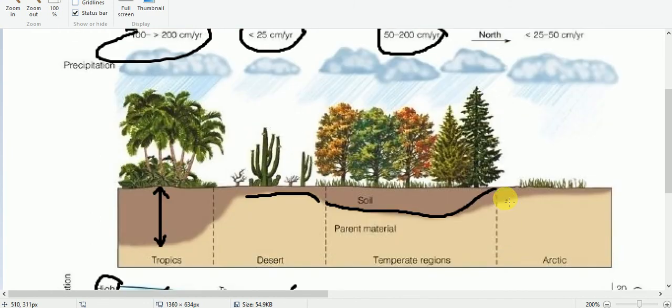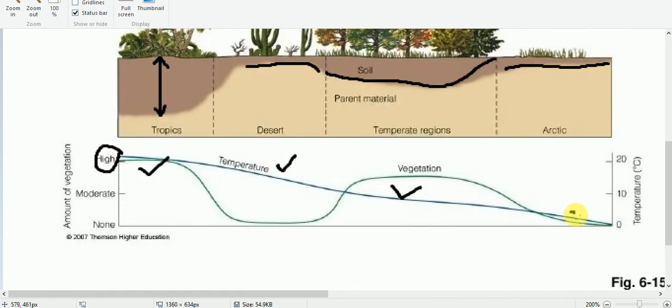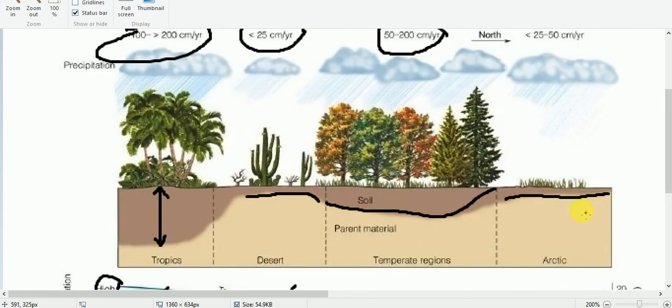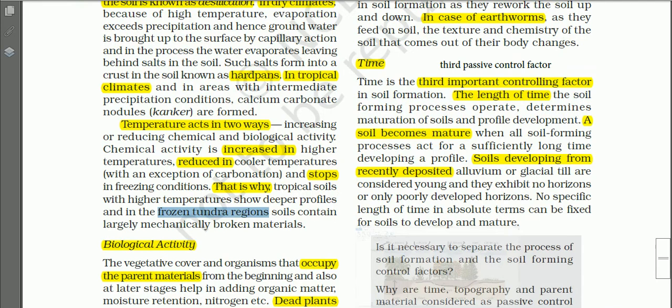And this is the tundra region. Here temperature is close to the freezing point, 0, and that is why the soil profile is very thin. So in this way climate affects the formation of soil.